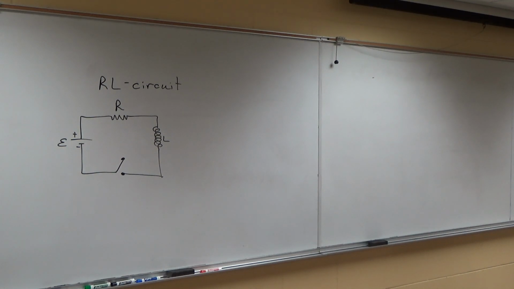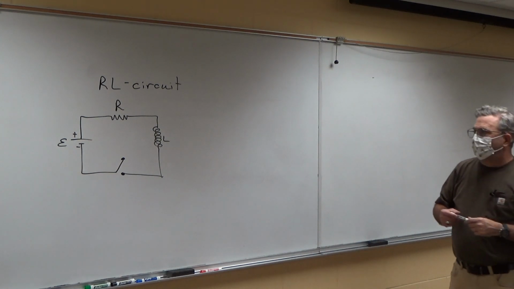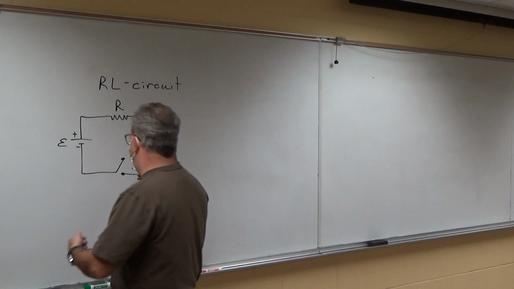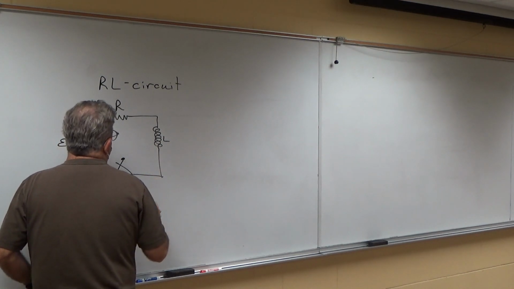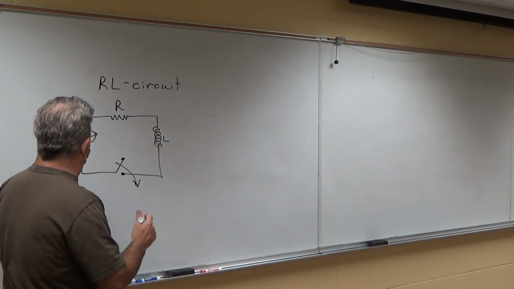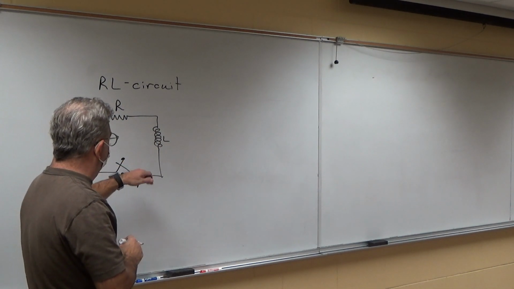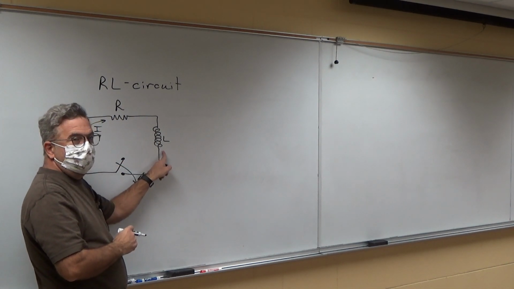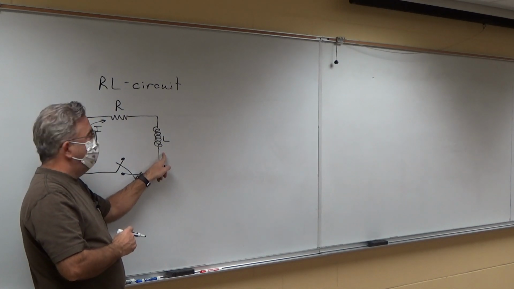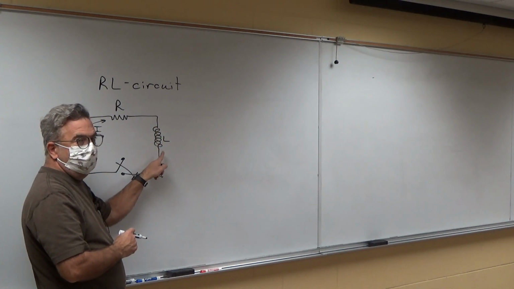That was tau. The time constant was RC. This is the same kind of thing. When you close this circuit, current starts to flow in this direction, but you get an induced EMF here because you have a changing field in this inductor.